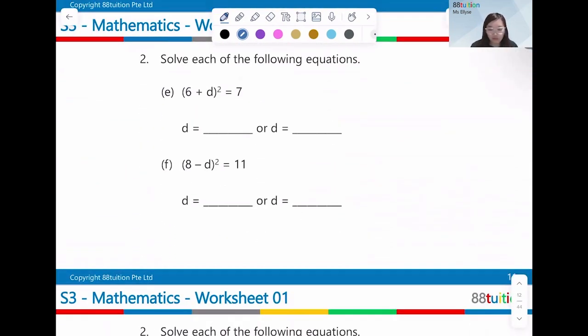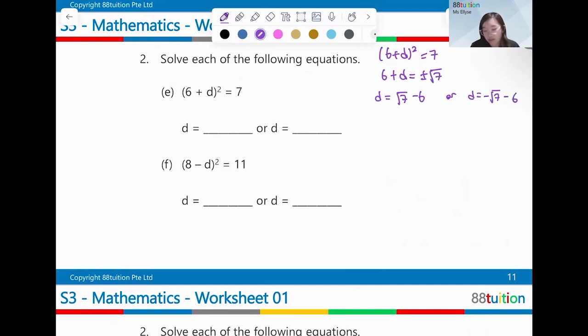Then let's go for part E. So this is 6 plus d square equals 7. So yes, repeat what we learn. Square root, plus minus square root. Then you just bring over. So it's the positive square root 7, I bring over my 6, or I can have the negative square root 7 minus 6.